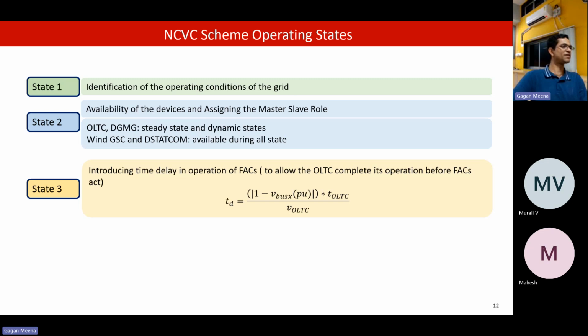They operate so fast that the OLTC would not be used. So we want a delay so that the OLTC can do its job, and then the remaining part can be done by the fast acting devices. So a time delay is introduced in the operation of fast acting devices, as per this.